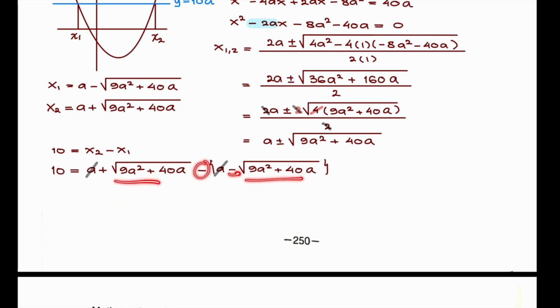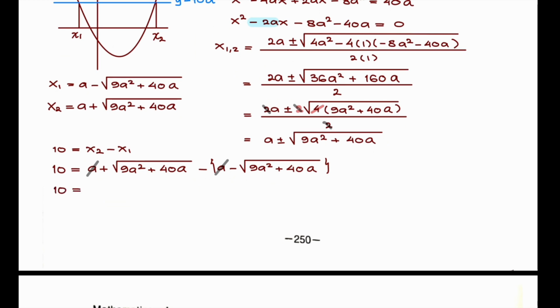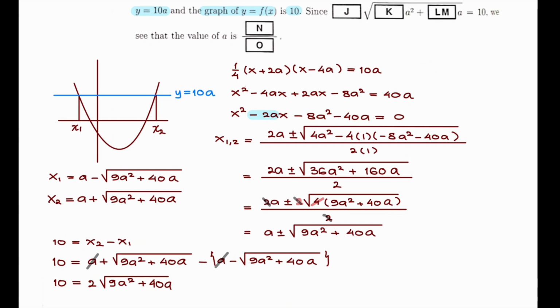Since these two are the same expression, then 10 is equal to 2 square root 9a squared plus 40a. I think this is our J, K, L, and M. So J is equal to 2, K is equal to 9, and L and M are 40.